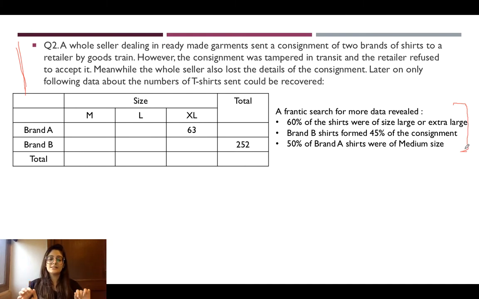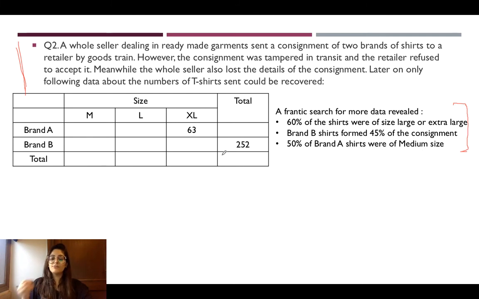Alright, so let's start. First, 60% of the shirts were of size large and extra large. That means of all the shirts in total, 60% were large or extra large. Then brand B shirts formed 45% of the consignment. The third is 50% of brand A shirts were of medium size.